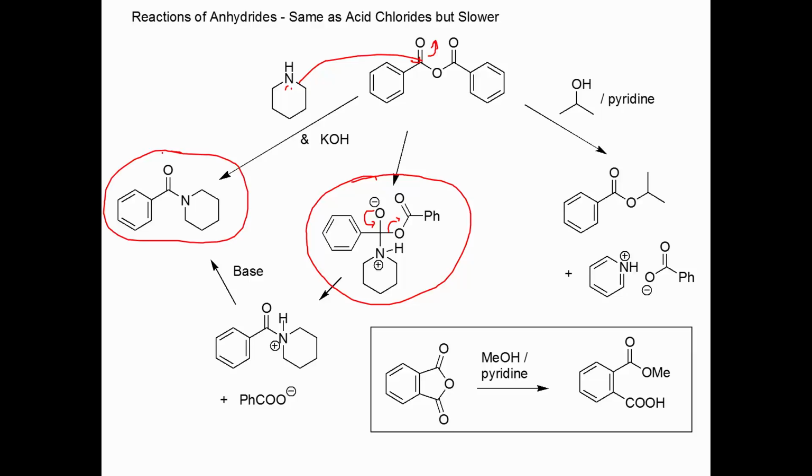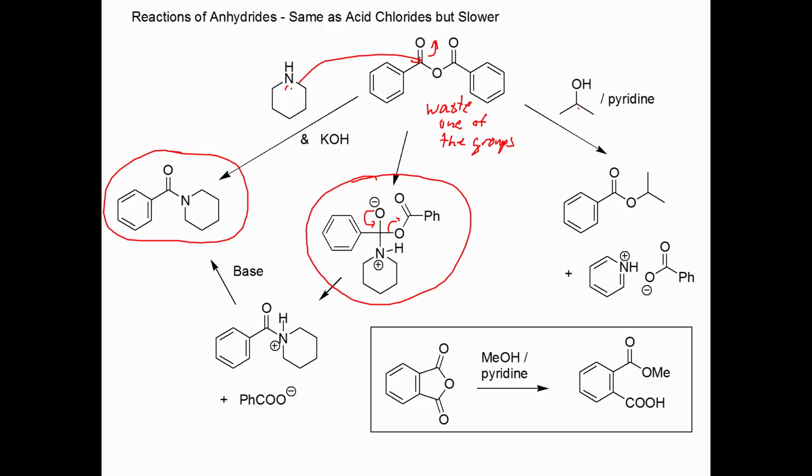Recognize one problem with anhydrides, and that's that we waste 1 mole. We're going to waste one of the groups at oxygen. With the acid chloride we got rid of a chloride, but the leaving group here is actually half the molecule, so it's a little bit more wasteful than the acid chloride.